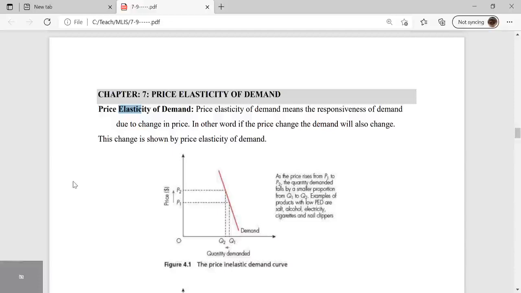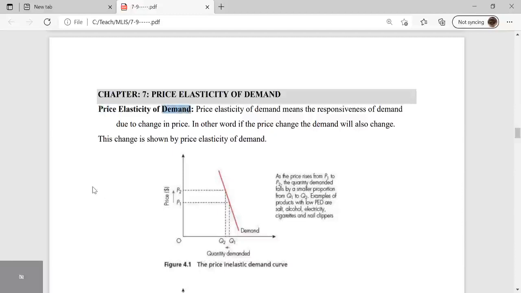But when this concept is used in economics, instead of force, we are changing price. So whenever we are changing price, will there be any change in demand, or what will be the response? That's all about price elasticity of demand.